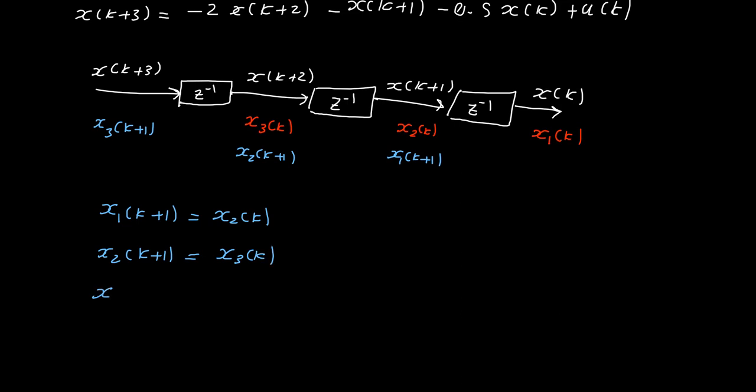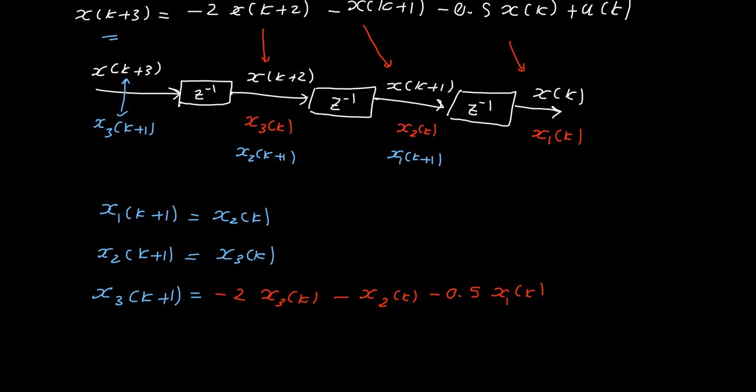And finally x3 of k plus 1 will equal: the first one here is minus 2 times x of k plus 2, which is x3, minus x of k plus 1, which is x2, minus 0.5 x of k, which is x1 of k, plus the input, which is u of k.